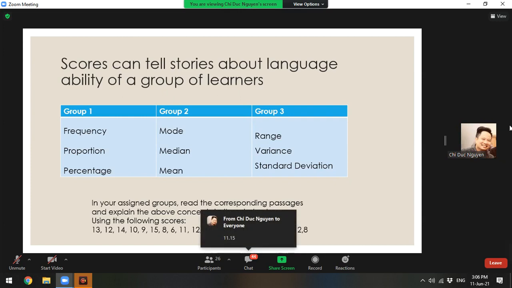Anyone with this kind of mean score can be allocated to the average group. Anyone that is 1 standard deviation below the average is going to be below average. And anyone with 2 standard deviations below the average is going to be weak.